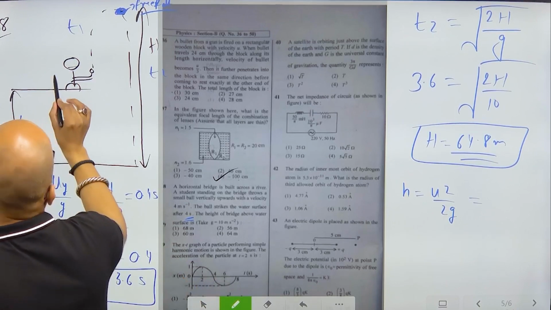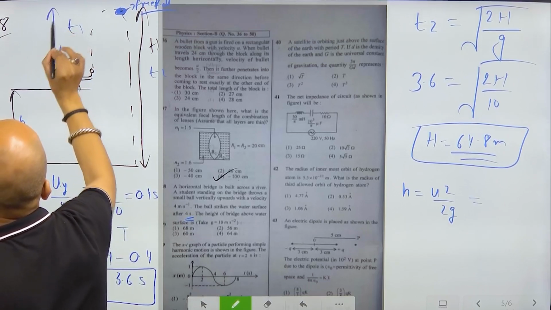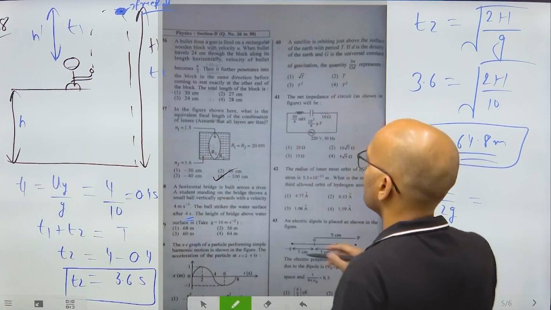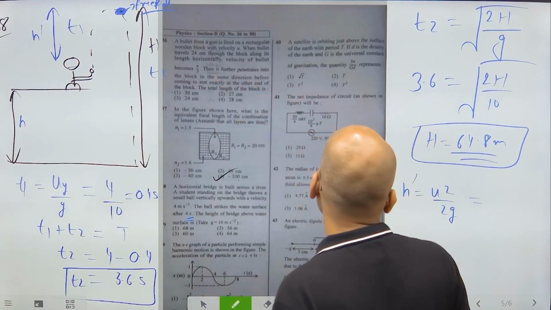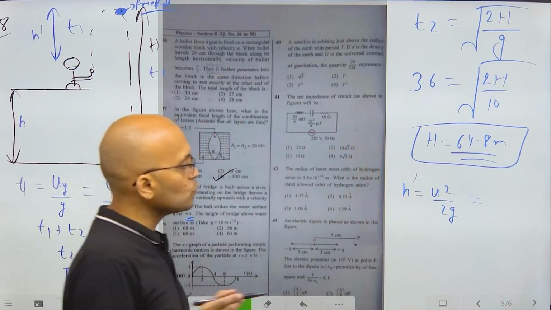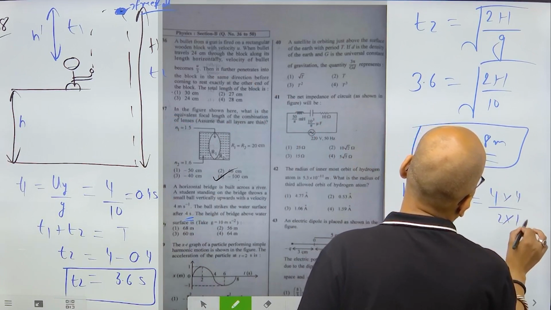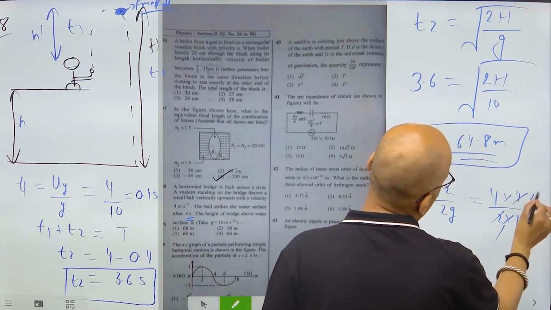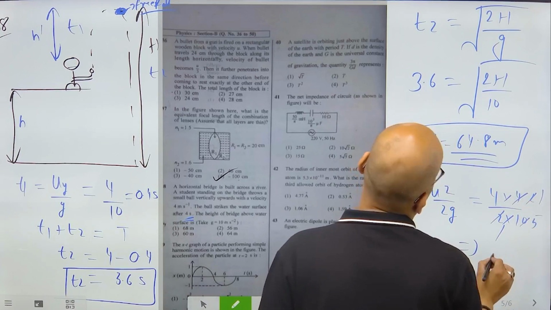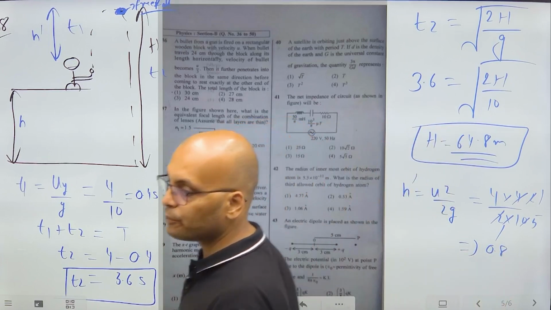Fine. And the distance till which the body is moving, let me call it h dash. H dash will be u square upon 2g. U is given to us as 4, so 4 into 4 upon 20, that is 0.8.